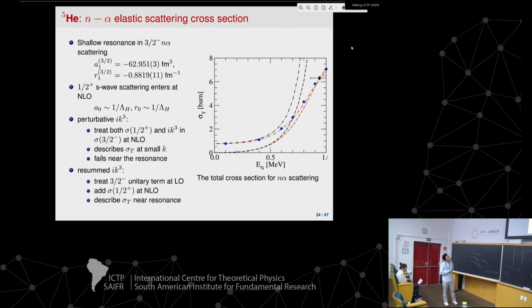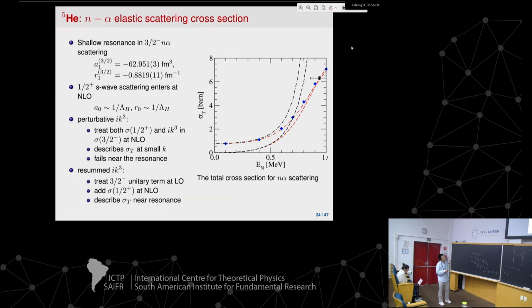If you use this power counting based on Bedaque et al. and treat this ik cubed term as next to leading order, you will find that you can describe well the phase shift or the scattering cross sections at low energies.